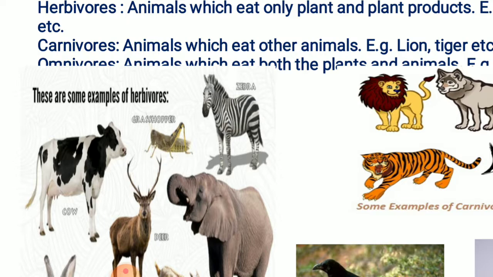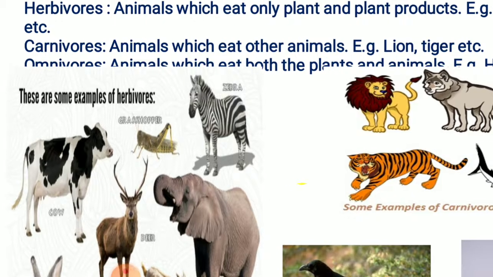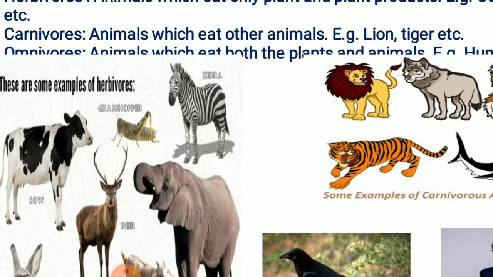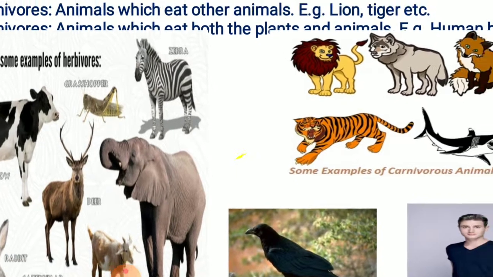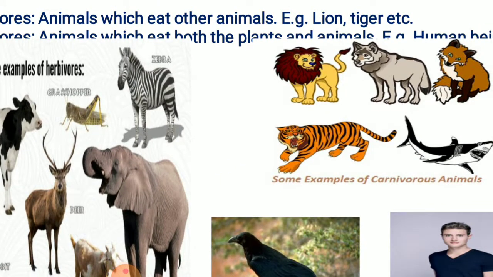Dear students, you know very well, in the forest, the king of the forest, lion, then other wild animals like tiger, okay, then fox, bear, whale, these are all examples of carnivorous animals, meaning they depend on other animals, they eat other animals as their food.